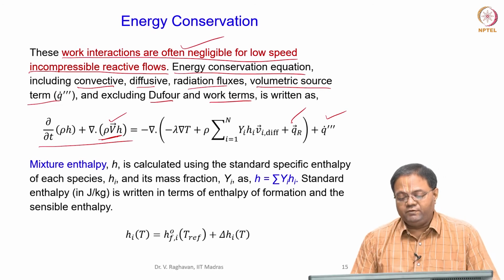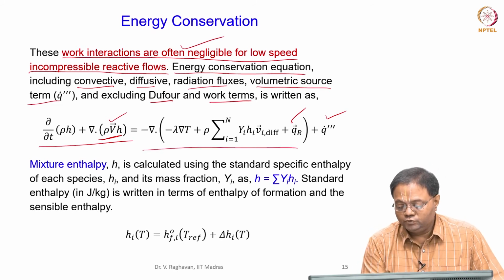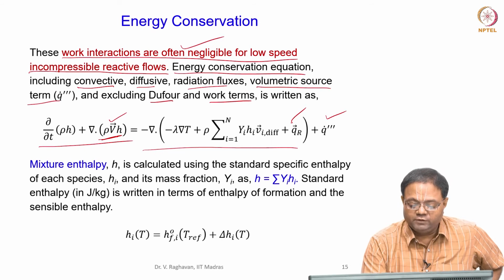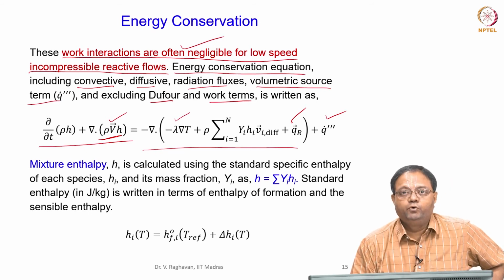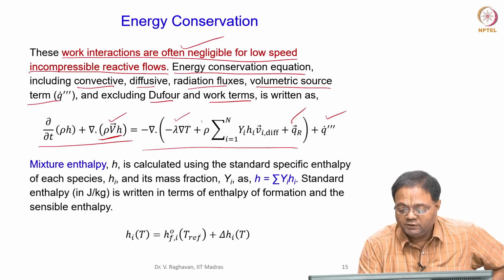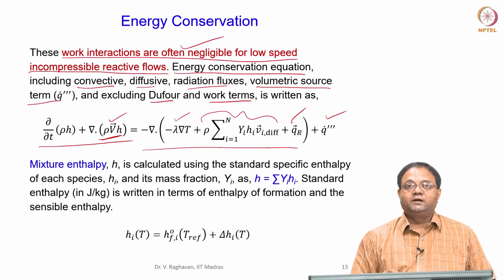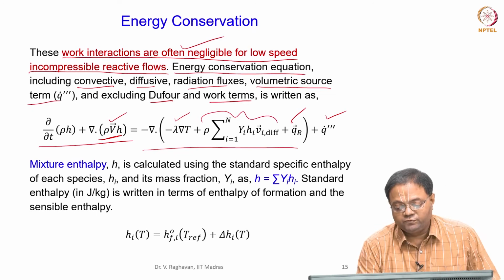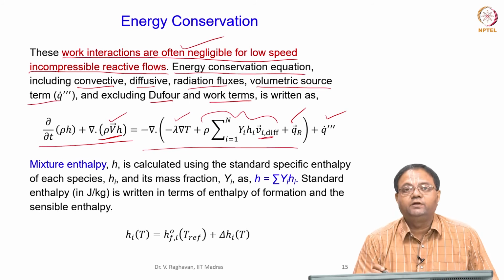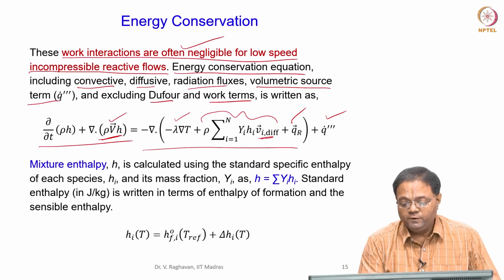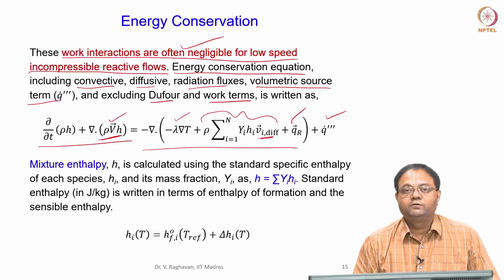On the right hand side we have the diffusion fluxes. First one is the Fourier conduction, and this term is the energy transport due to the diffusion of species. So Vi is the diffusion velocity of each species. So rho into Yi into Vi is the diffusion flux of each species, into the enthalpy of the species i.